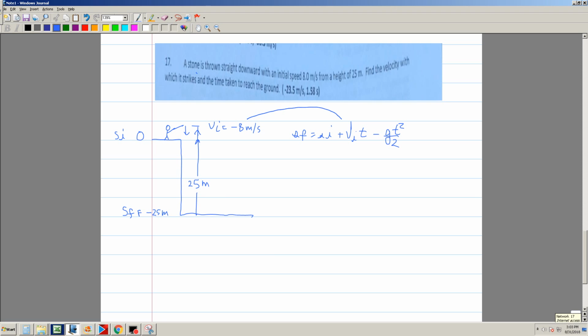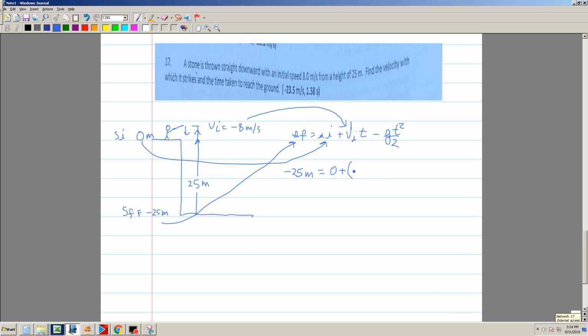Okay, so now we pretty much said, this is the initial velocity that goes there, and we said that the initial distance, we're going to say that it's 0, that goes there, and this is the final distance that goes there. So we're going to say -25 meters equals, and we said that this is 0 meters, so it does not contribute anything.